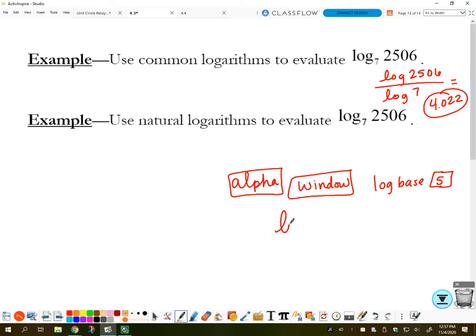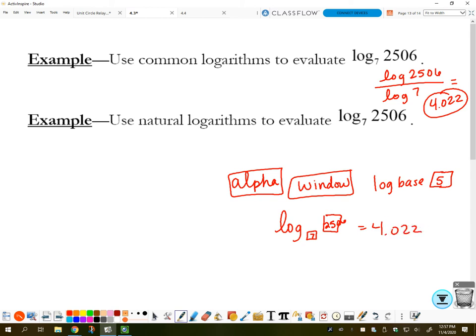And it will bring up something that looks like this. It'll have log, it'll have a little box, and it'll have a box. So you can literally type in a 7 in this box and a 2506 in this box and hit enter. And it will give you the correct answer, the 4.022.